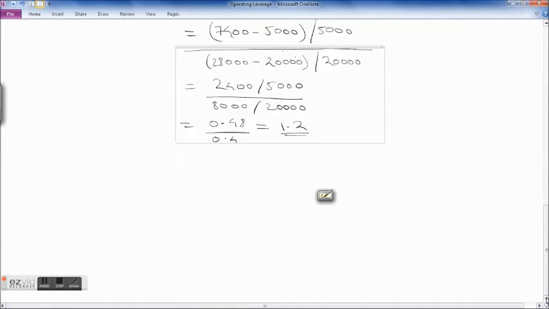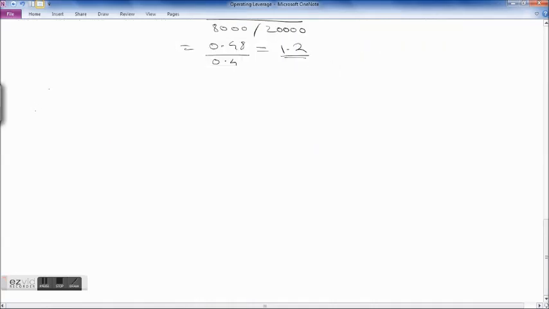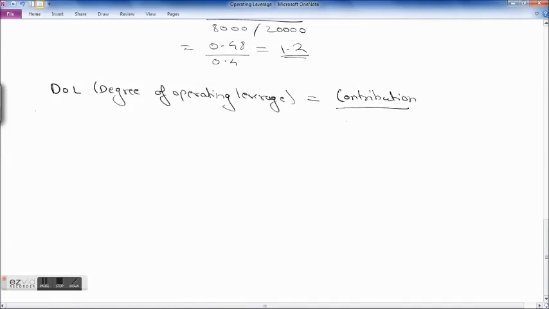Now we'll calculate the degree of operating leverage, DOL. Degree of operating leverage is at a particular level of sales. The formula for degree of operating leverage is contribution upon your EBIT.